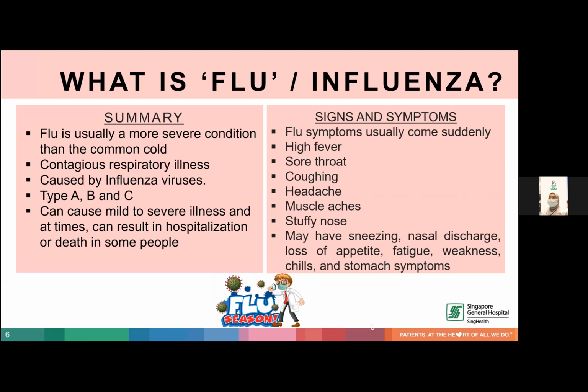The signs and symptoms of flu usually come suddenly: high fever, which is above 38 degrees, sore throat, coughing, headache, muscle aches, stuffy nose, may have sneezing, nasal discharge, loss of appetite, fatigue, weakness, chills, and stomach symptoms. Okay, next.